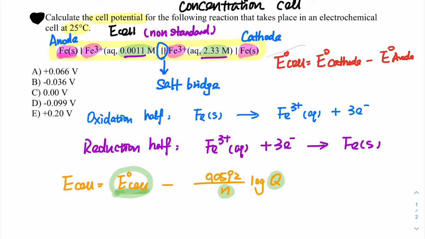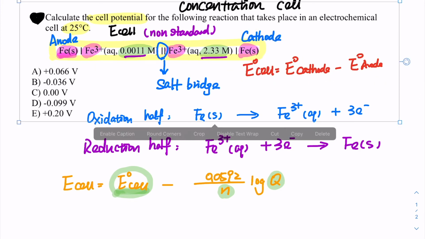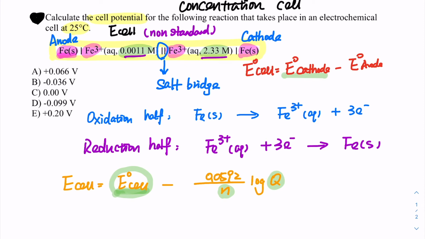Again, the reduction half reaction happens at the cathode and the oxidation half reaction happens at the anode, but all the values we will use are the standard reduction values.